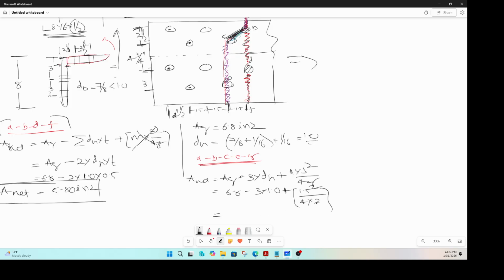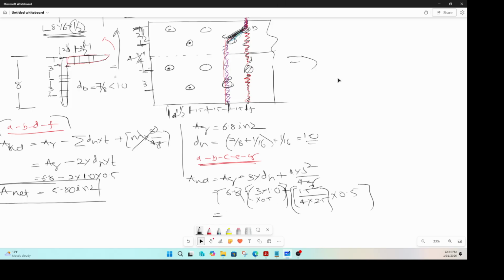So let's calculate that again. 6.8. The plate is 0.5, correct? Then this is multiplied by the thickness of the plate, 0.5, so that is area, this is area, and that is also area.